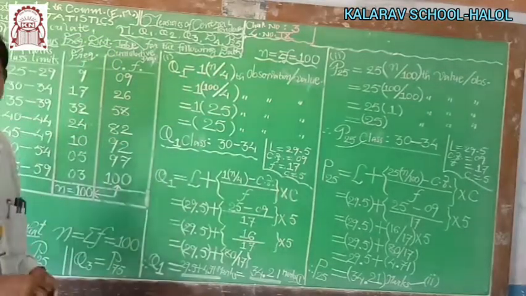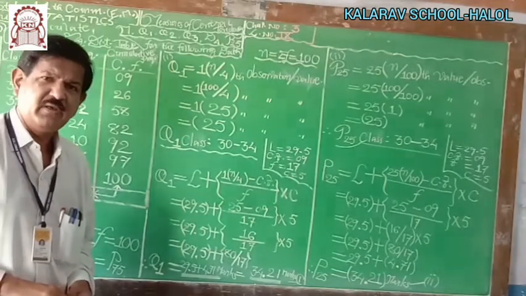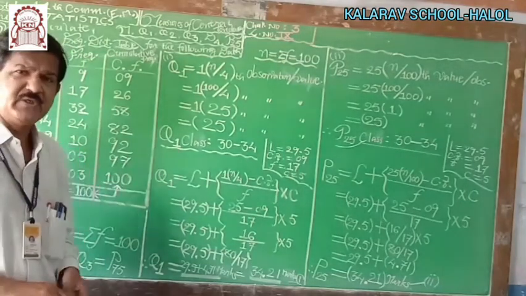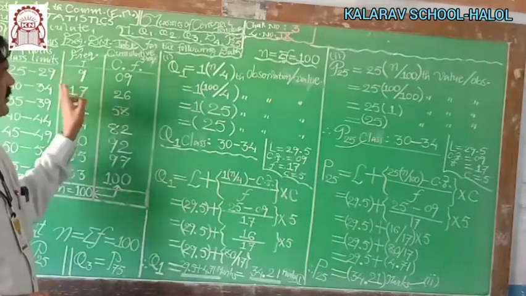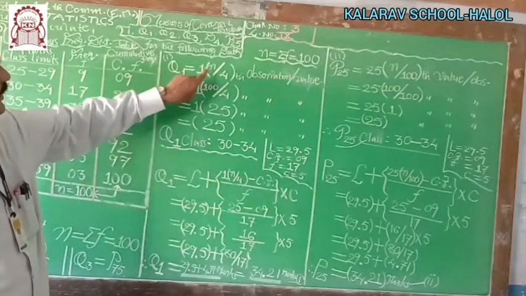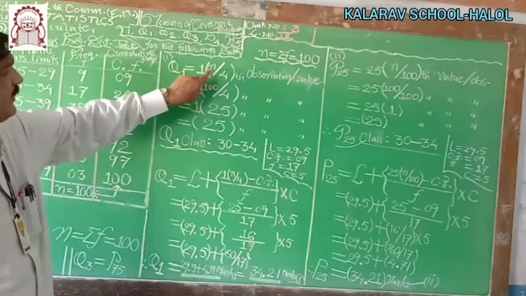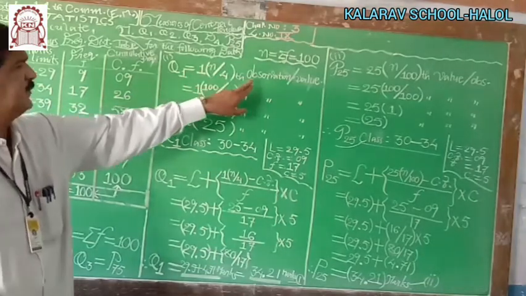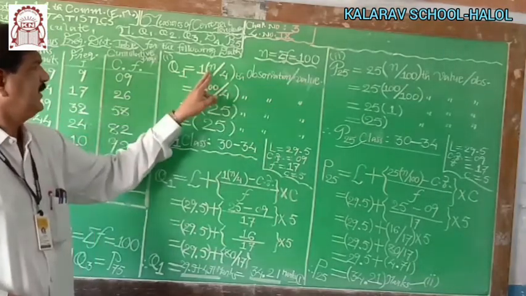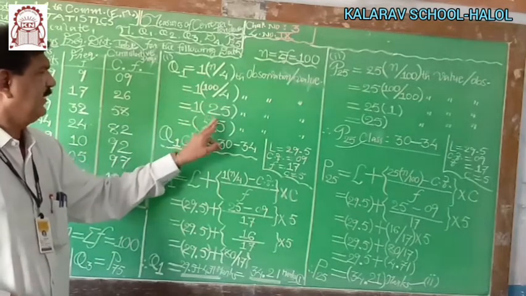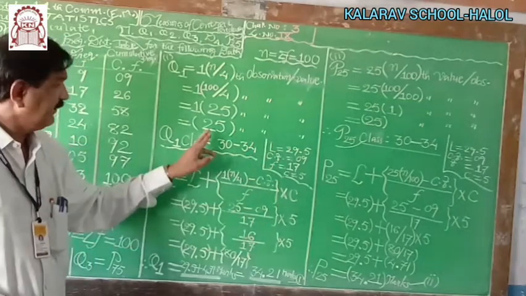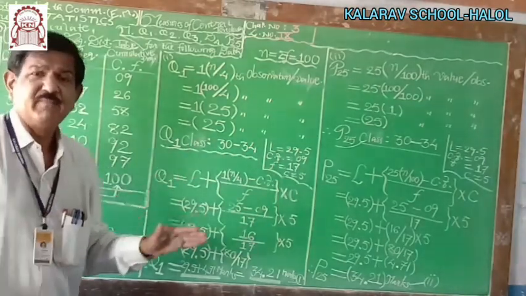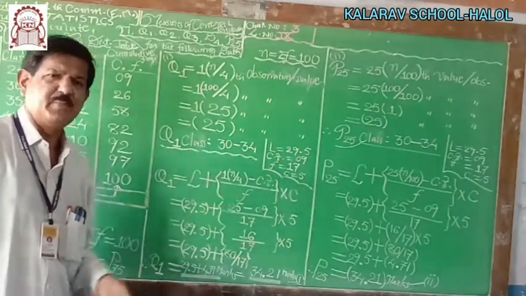If ungrouped or discrete data is given, then it is n plus 1 in the numerator, but for continuous data with classes, it is only n upon 4. N means 100, so 100 by 4 means 25. The 25th observation is not the value of Q1, but the measurement which ascertains the value of Q1.